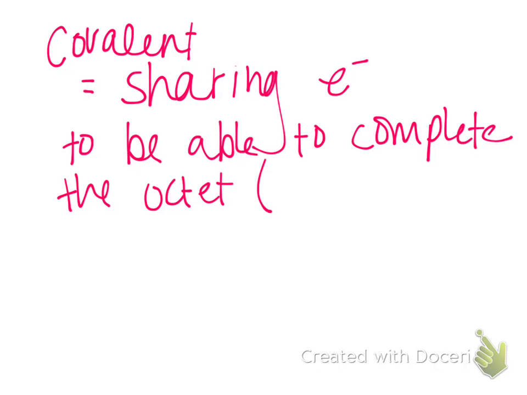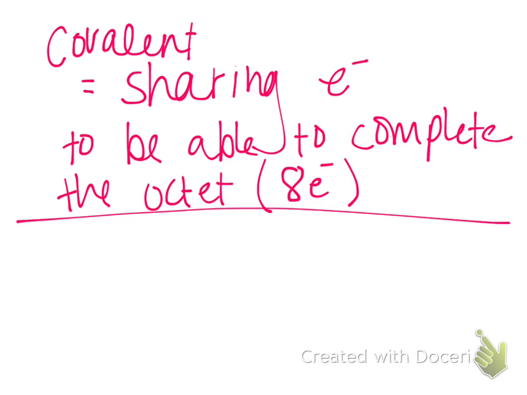And how many electrons are in the octet? 8 electrons. So what happens in a covalent bond when they share? They can take into account each other's electrons. We're going to share these so that they can start to complete each other. That's what's happening with a covalent bond. They want to form the octet, which is 8 outer electrons. Not 8 total electrons, 8 outer electrons.